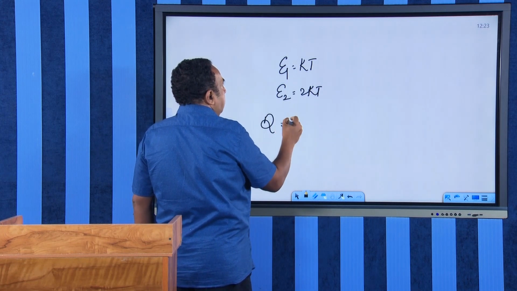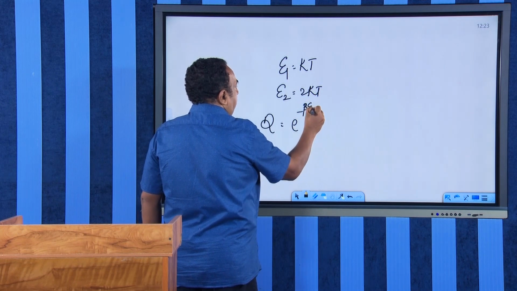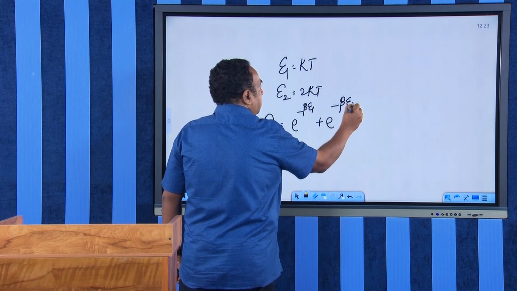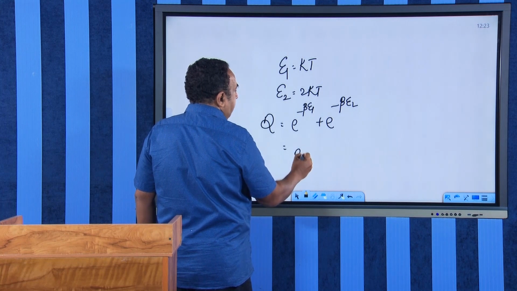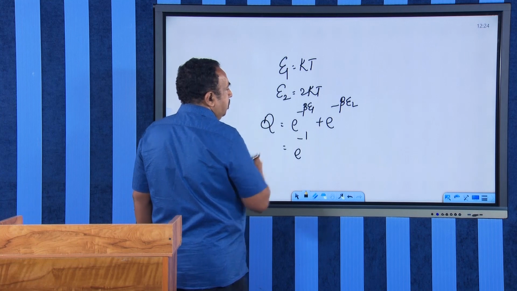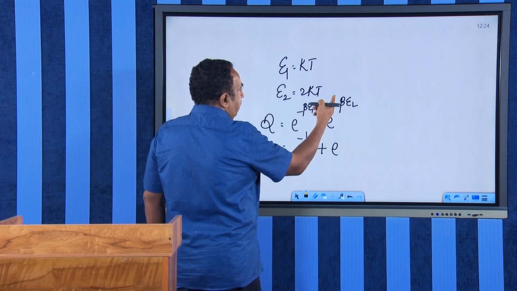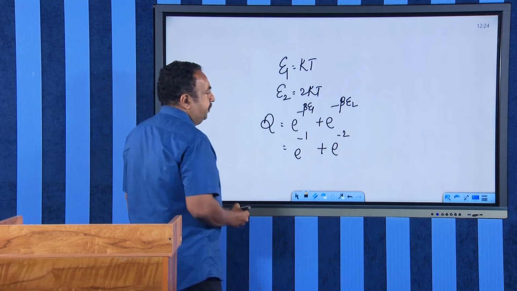The partition function is e raised to minus beta E1 plus e raised to minus beta E2. Beta is 1 divided by kT. Therefore, e raised to minus kT divided by kT, that is e raised to minus 1, plus e raised to minus beta E2, where E2 is 2kT, so this is minus 2.